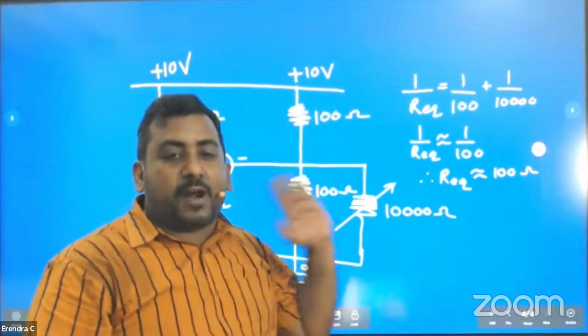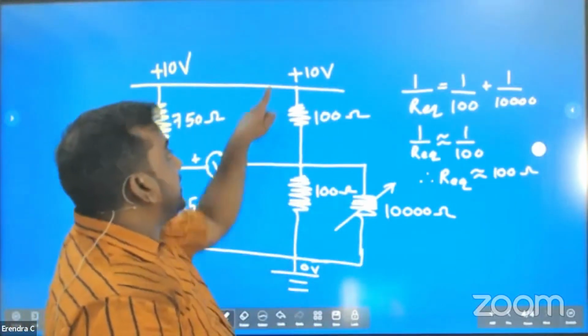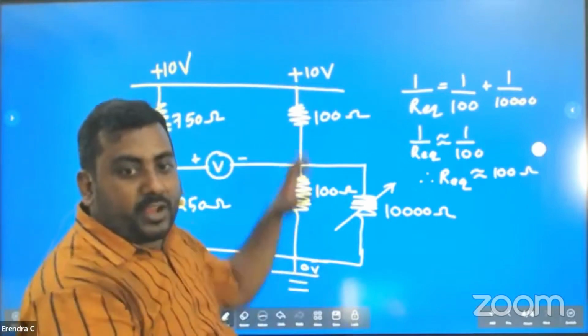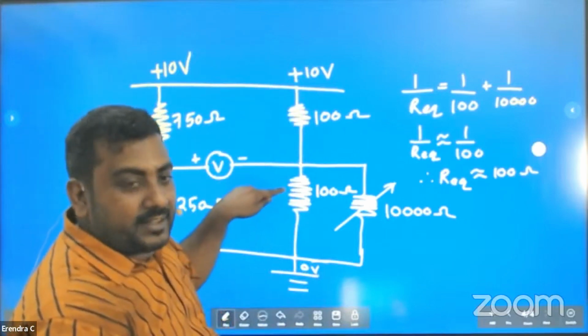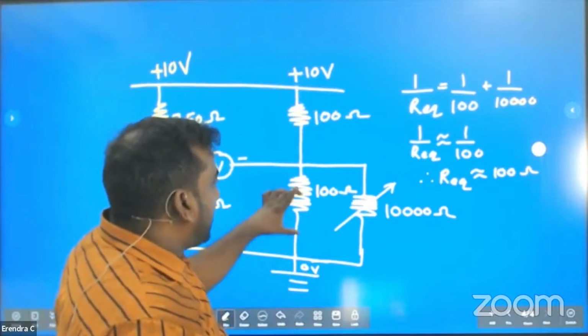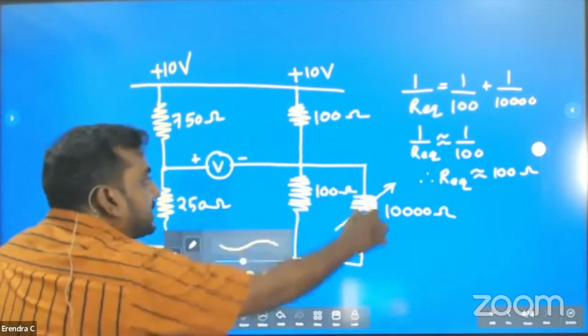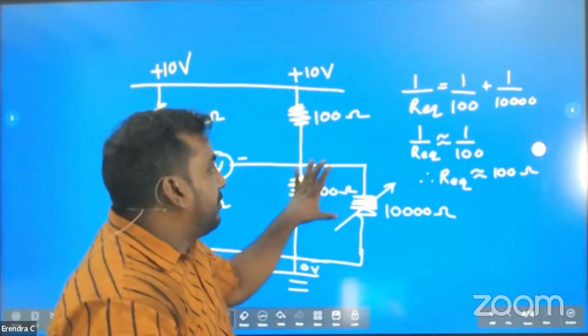100 means what will happen to the voltage? Quickly tell. Voltage is here to here. Here 0, here 10. 0, 10 means how much? 10 volt. Is current going here? No. No current is going. Here to here, what can you say about the voltage? This whole thing is 100. This was 100. What can you say about the voltage here?